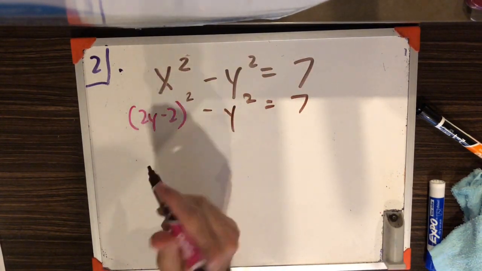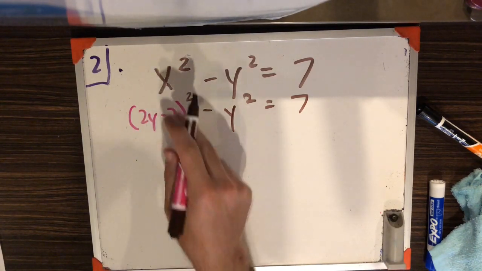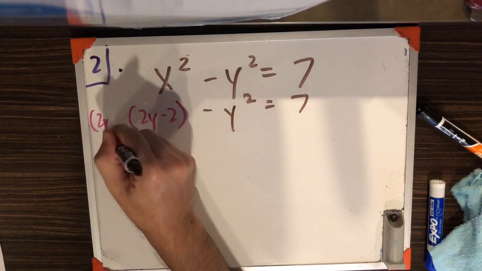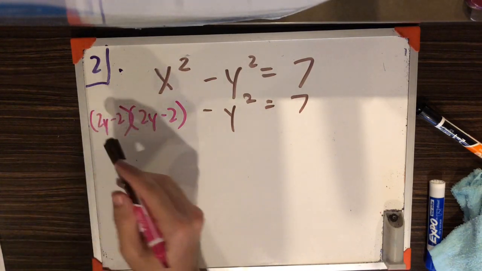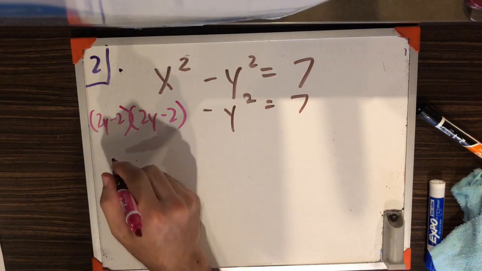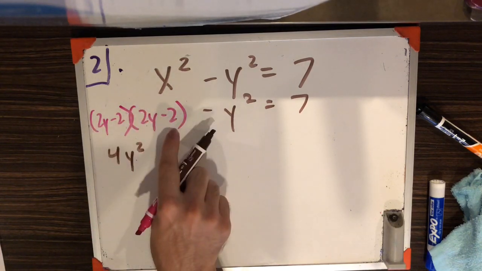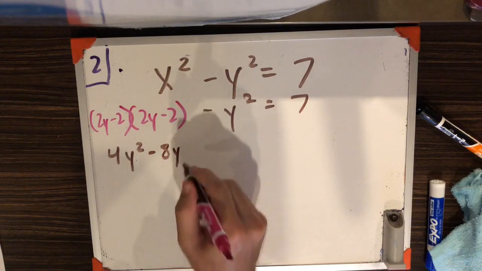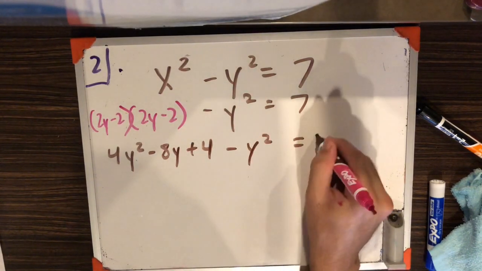Let's FOIL here. So first, outside, inside, last. So that would be 4y squared. Outside, negative 4y, inside negative 4y, so that's negative 8y, last plus 4, and then minus y squared is equal to 7.